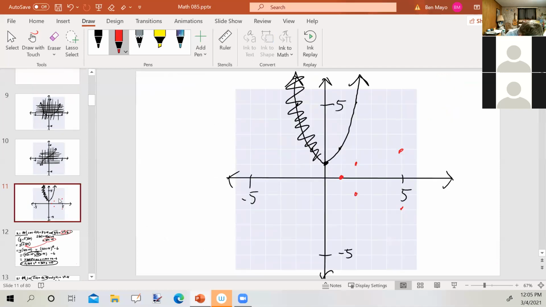Plus the square root of x minus 1 would look like this. Minus the square root of x minus 1 would look like this. So putting the two pieces together, you get that. Well, not only is that not a one-to-one function, but it's not even a function. It fails the vertical line test, doesn't it?